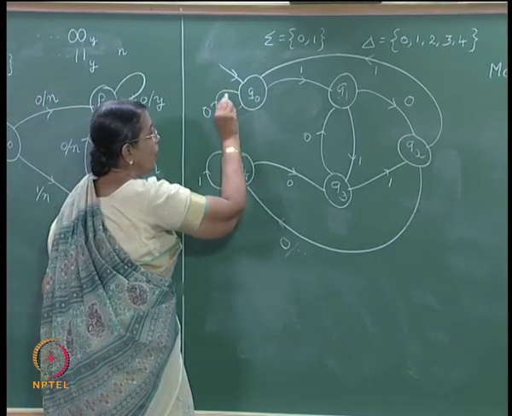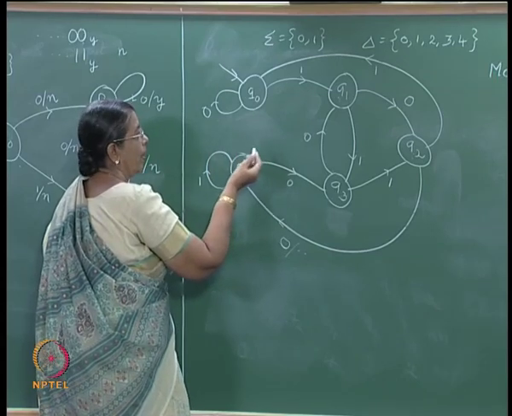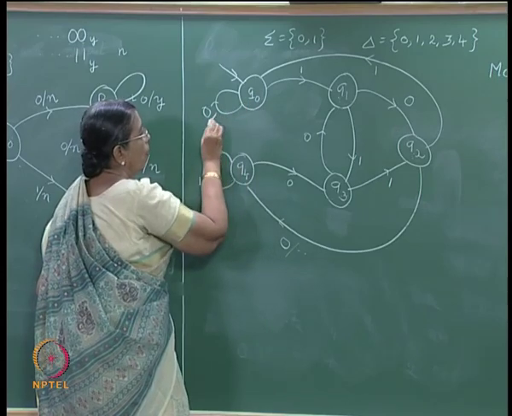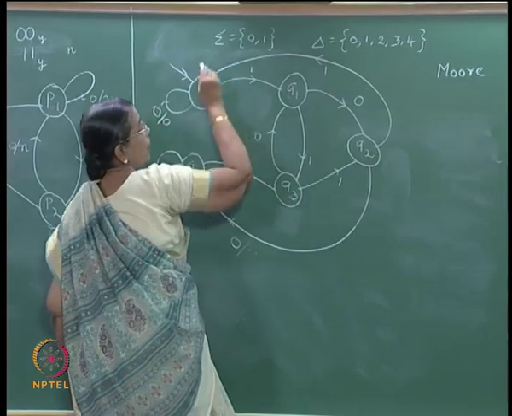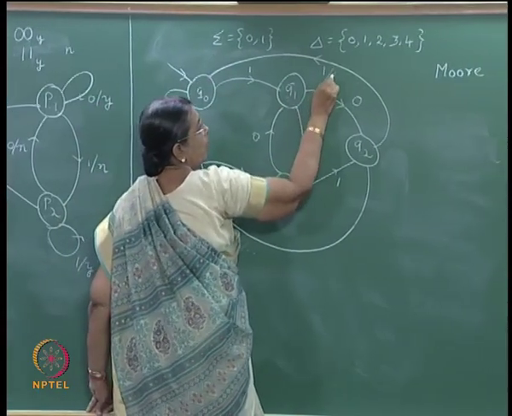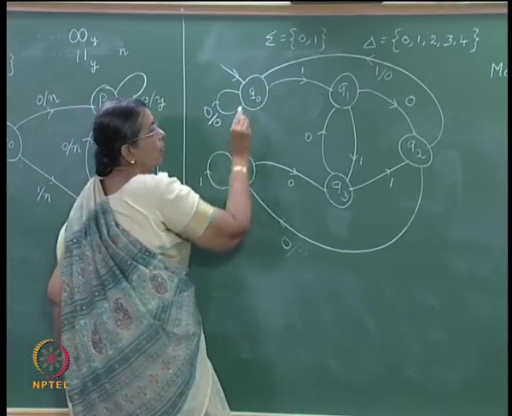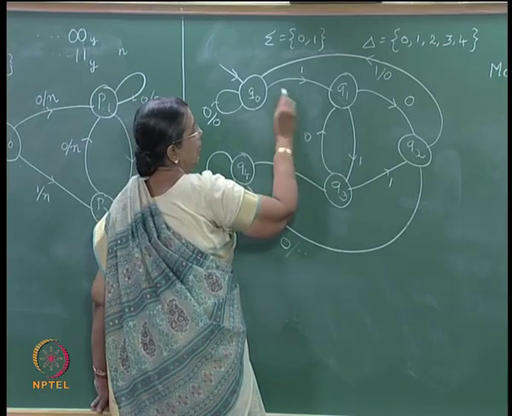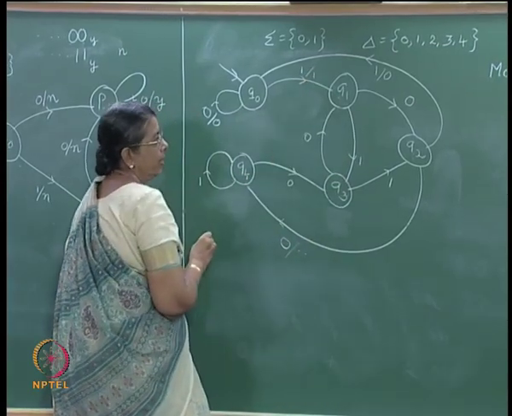So, when you go to Q naught, you output a 0. From here when you go to Q naught, you output a 0. Similarly, from here you go to Q naught, so you output a 0. When you go to Q1, you output a 1. So, when you go here, you output a 1.